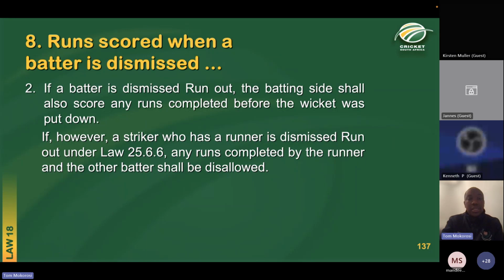However, the law does still allow for runners, and we will go quickly through that in Law 25 next week. But just to know that if there are runners allowed in your playing conditions, please be aware of how to deal with a runner.